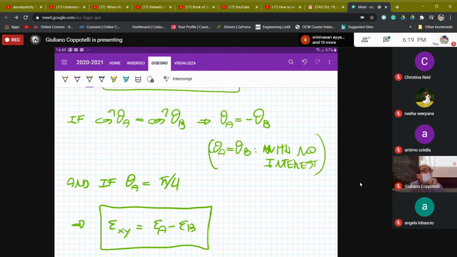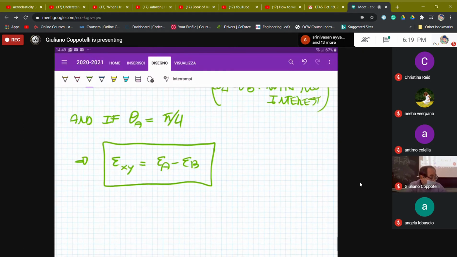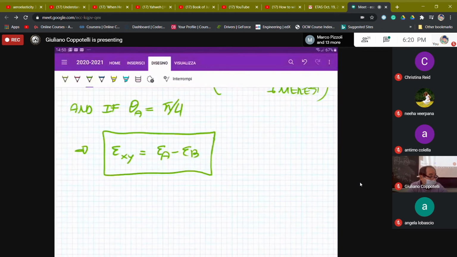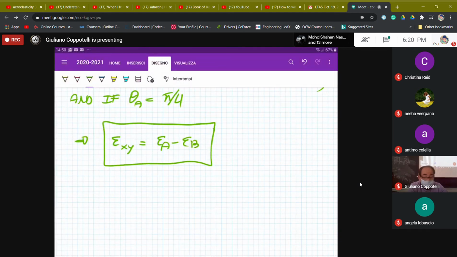Please note that if you are using the Wheatstone bridge and you connect strain gauge A and B to Wheatstone bridge legs 1 and 4, then the reading is just the shear strain, because this Wheatstone bridge gives you just the difference between these two strains.